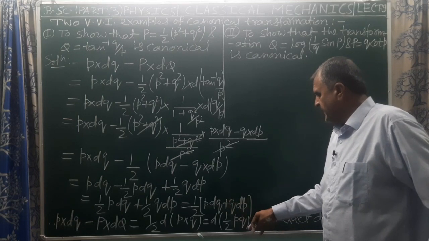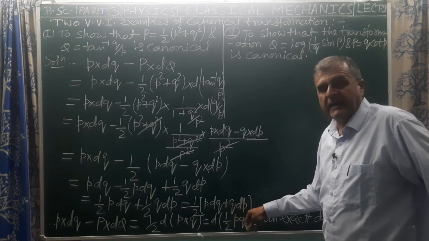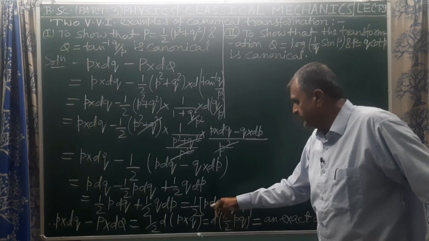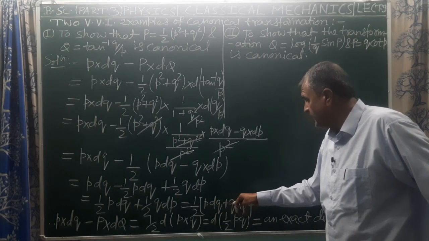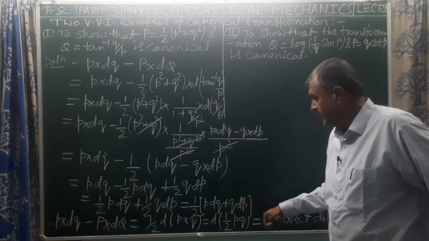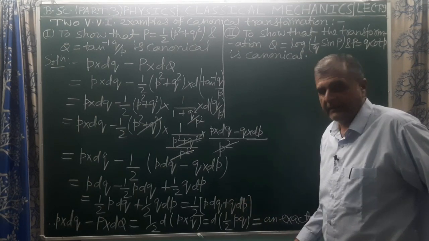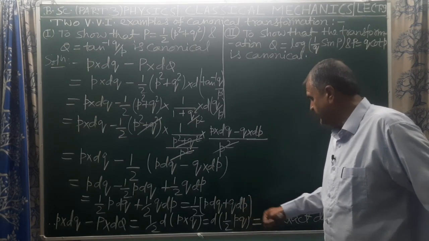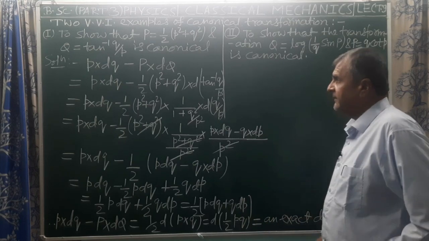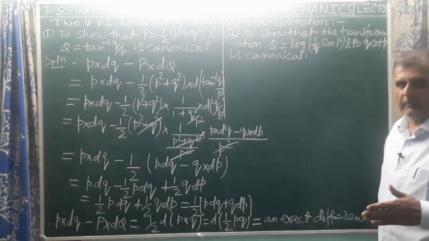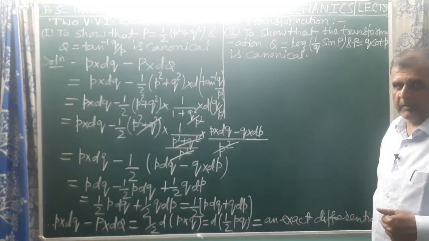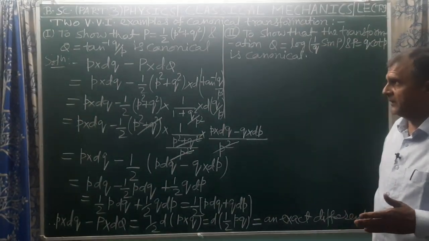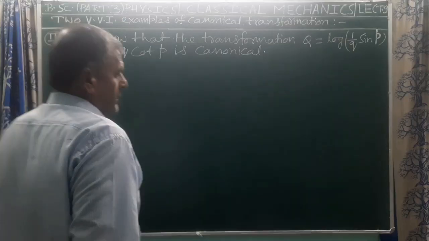The differential of the product of P and Q is P into dq plus Q into a small p into dq plus a small q into d a small p, which is a perfect differential. So it is d of half pq, so it is an exact differential. So the given transformation in the first problem based on canonical transformation is canonical.